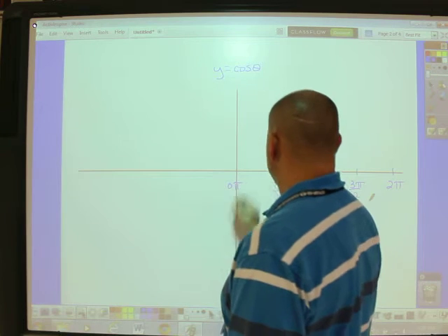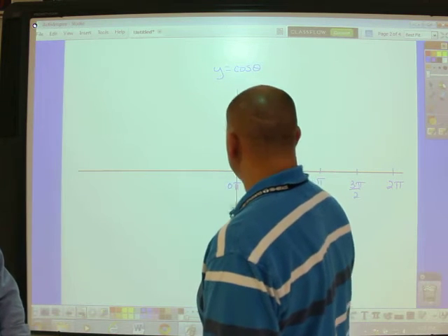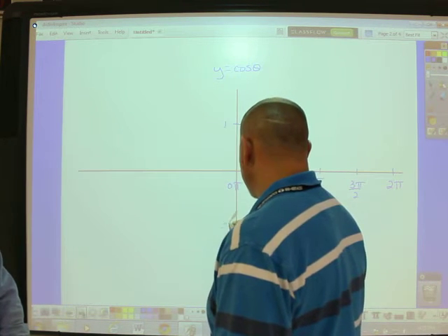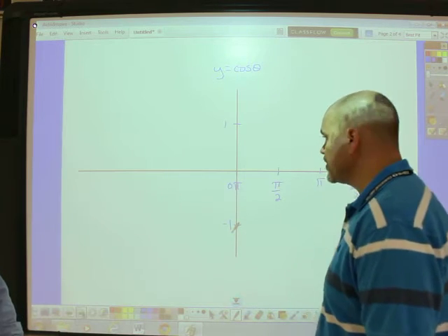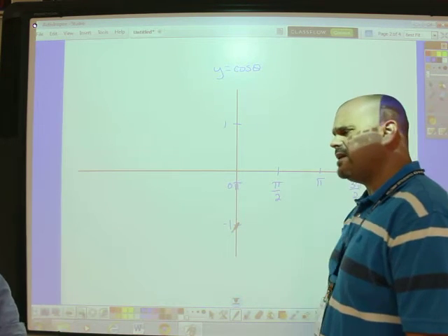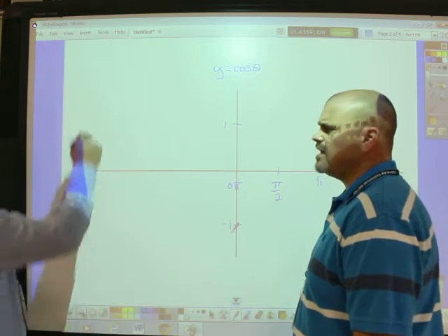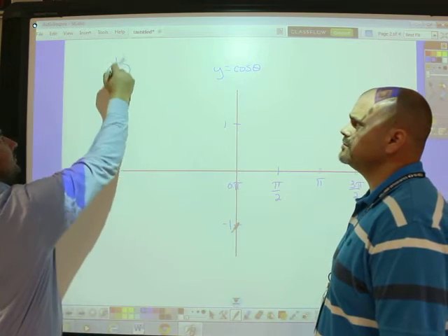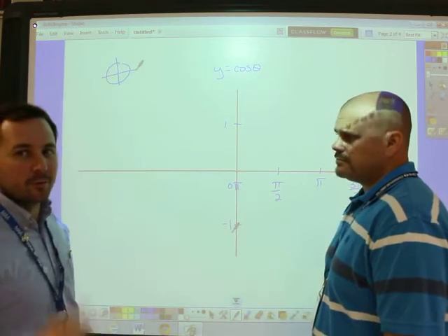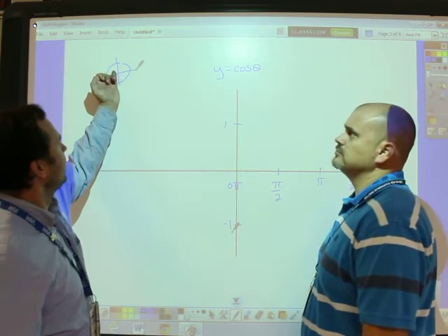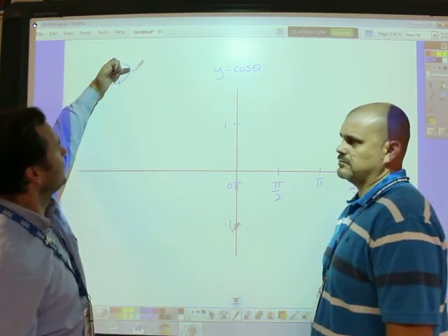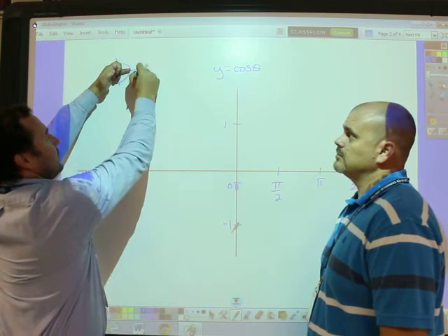Now let's put some values up here. Again, 1 and negative 1. And you may recall that the value can't be greater than 1. Well, why can't the value be greater than 1? Well, the radius of a unit circle is 1. So the farthest right it goes is 1 away, which would be 1, 0.